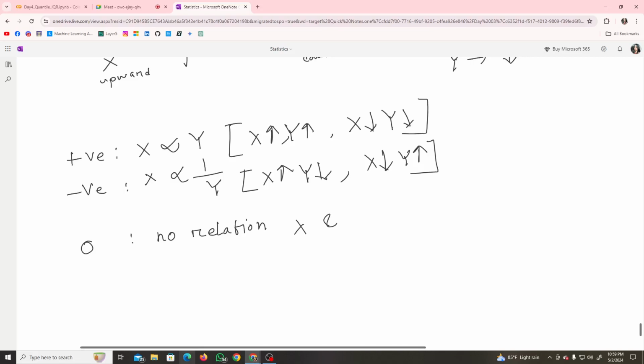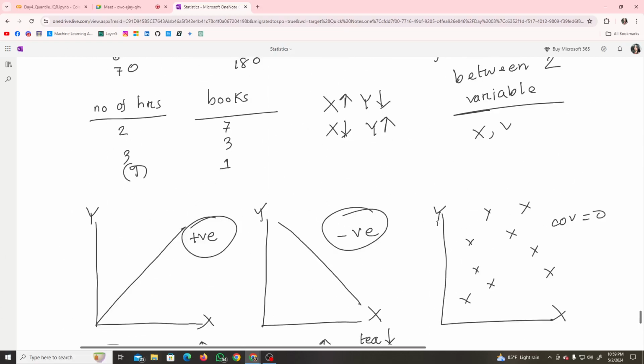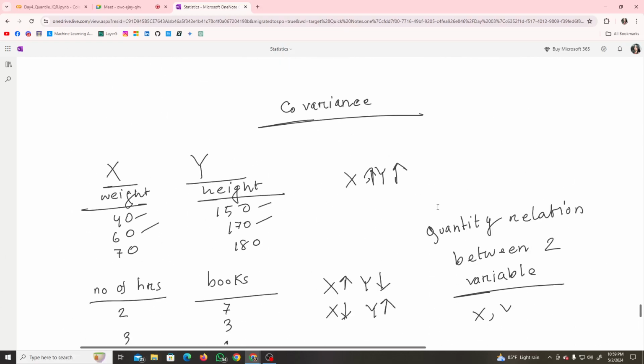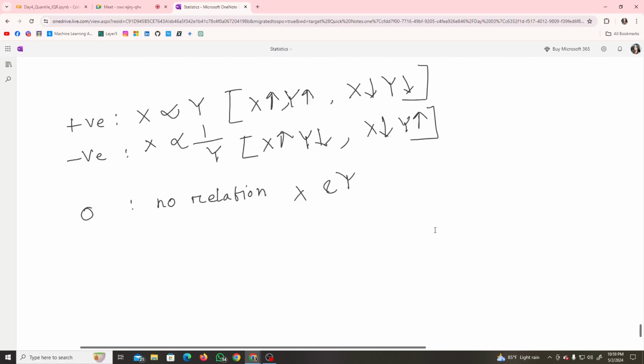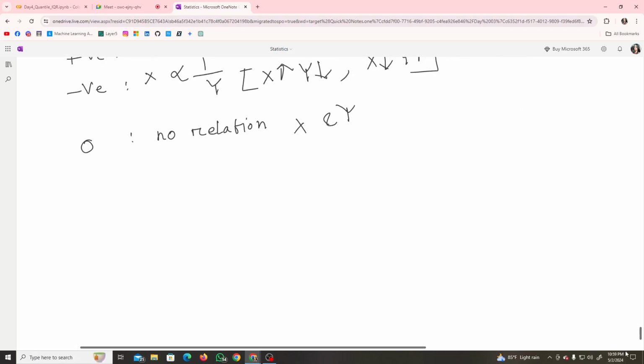So what actually happens in covariance? In covariance, we understand the relation between X and Y, but there are some disadvantages of covariance. I think in 1 minute the meeting will be over.